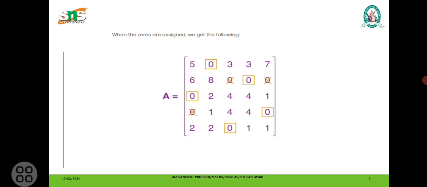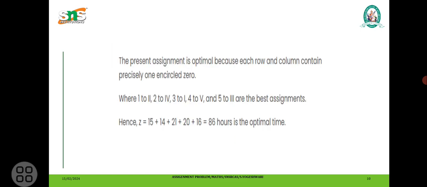The third column has only one zero already allocated, so the remaining zero is crossed out. The fourth column has only one zero, so we allocate it now. The fifth column already has one zero allocated. The second column has zeros, so the remaining two zeros are crossed out. So the present assignment is optimal because each row and column contains exactly one encircled zero.